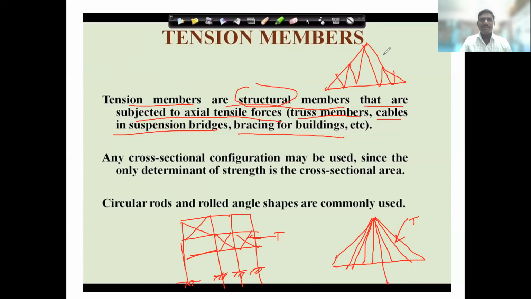Anyone can tell me, which types of forces are acting in this particular member? If this is the member, these are the joints. Have you shown the natures like this?